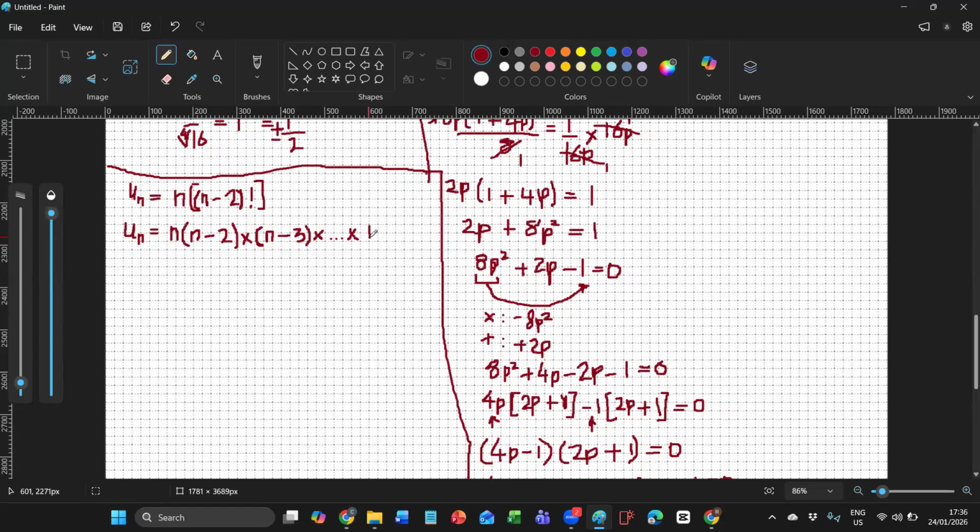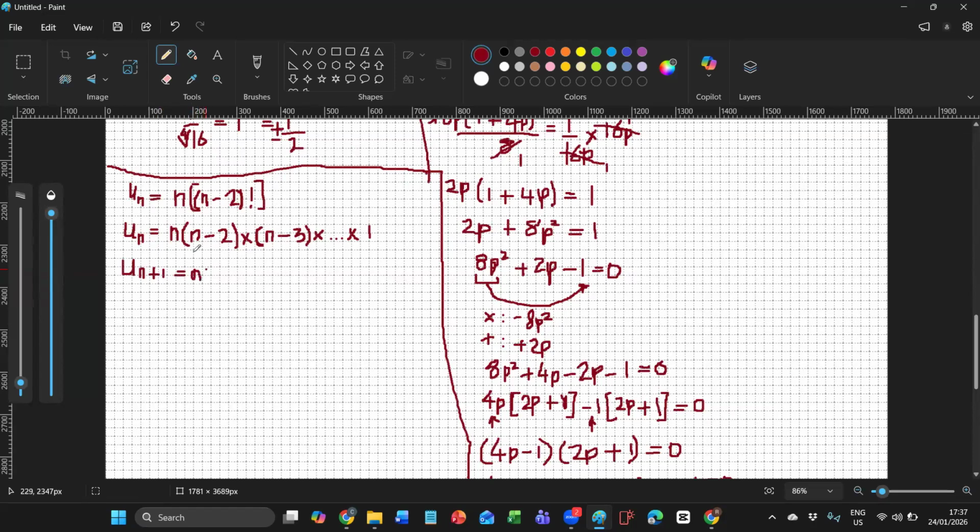Then now, U_n plus 1. Let's see. U_n plus 1 will be equal to n.